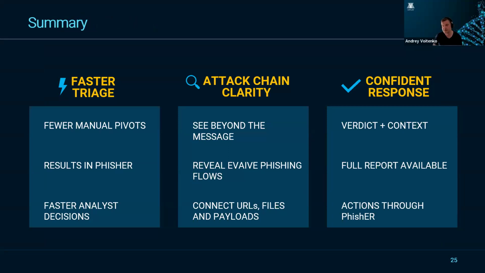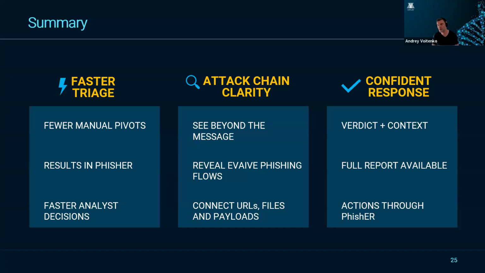So summarizing what we've just talked about, with PhishER you get a great phishing response platform that allows you to do a lot of different things about the reported emails already, and also build up your workflows and foster the security culture and so on.